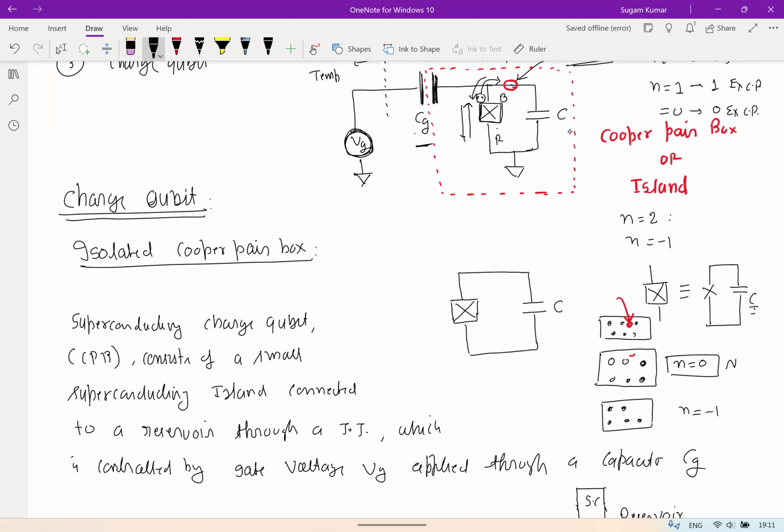If you add one more, I call N equals 1, meaning there is one extra Cooper pair. If N equals -1, you have taken one Cooper pair out of the system. Now you can make N equal to 2 also, and N equal to -2 also, correct? Yes, sir. Thank you, sir.